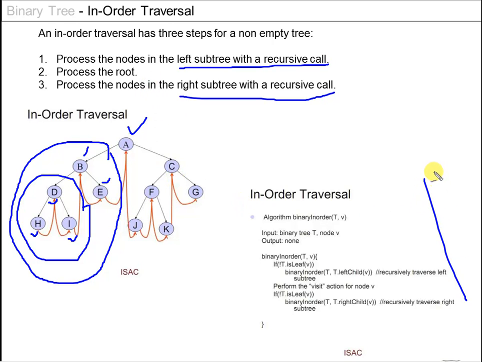Here is the algorithm for in-order traversal. Please convert it into C, C++ or Java and try to print a binary tree and see if this algorithm is correct or not.